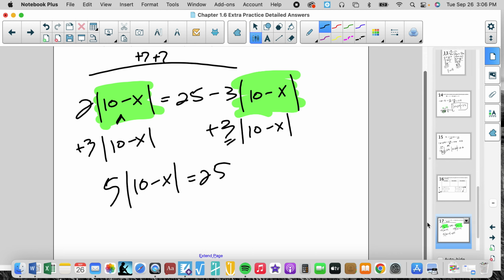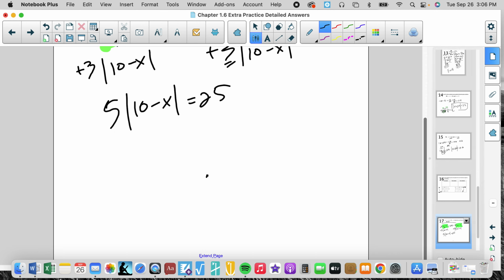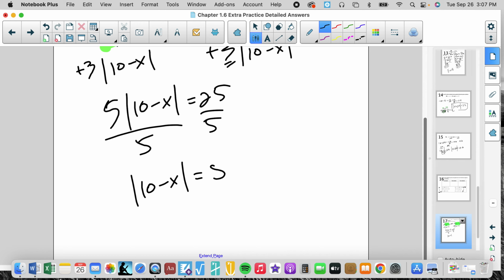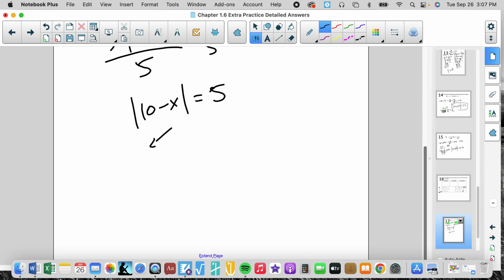And now this feels way more familiar. So we'll divide by 5 because we want to isolate. You get the absolute value of 10 minus x equals 5. And now we can solve this. We have an absolute value equaling a positive number, and we do both. We subtract 10.